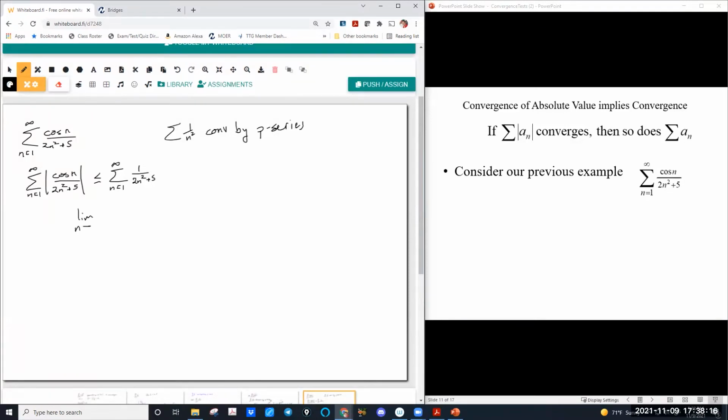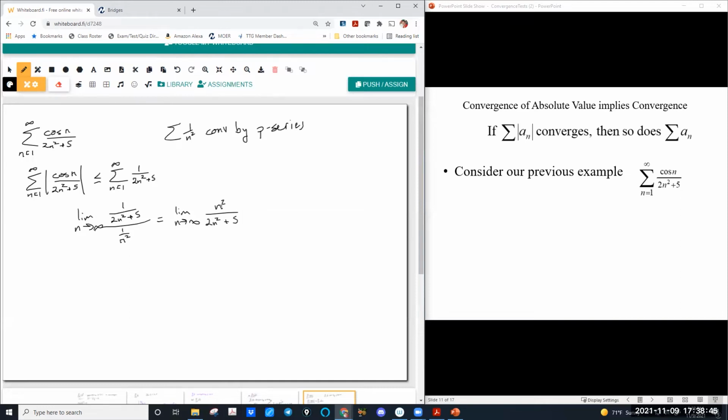Limit as n goes to infinity of 1 over 2n squared plus 5 over 1 over n squared. Flip and multiply to recalculate our limit. So we end up with n squared over 2n squared plus 5.